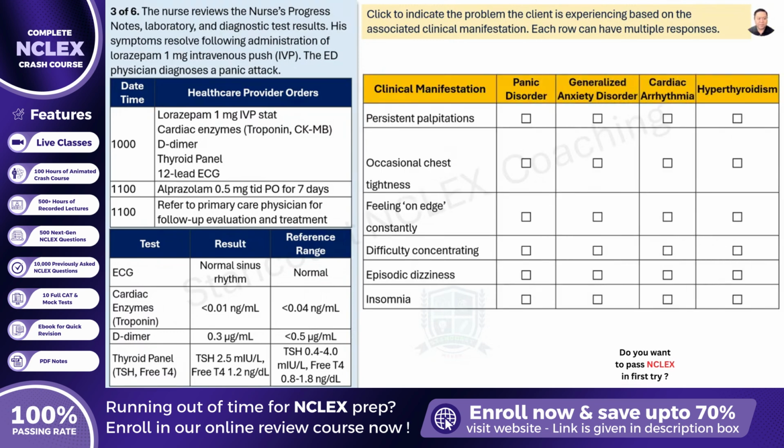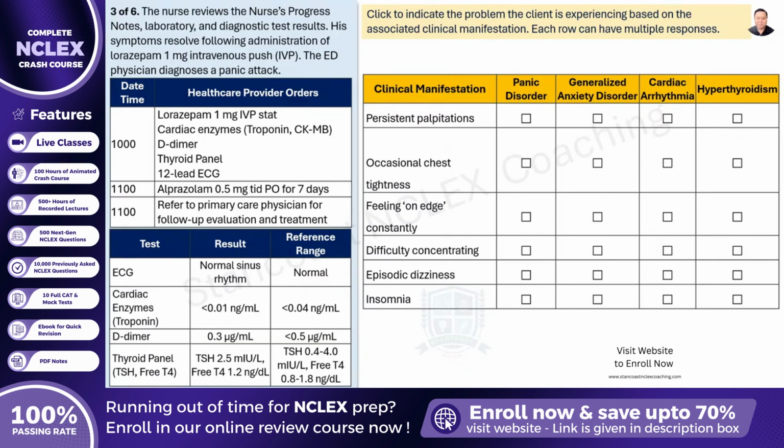We have the clinical manifestations, persistent palpitations, occasional chest tightness, feeling on edge constantly, difficulty concentrating, episodic dizziness, insomnia. And we have the conditions here: panic disorder, generalized anxiety disorder, cardiac arrhythmia, and hyperthyroidism. All right. When you're ready, let's answer this test item.